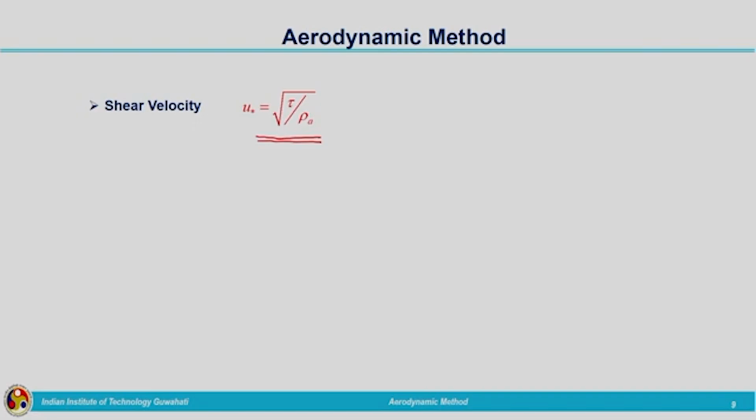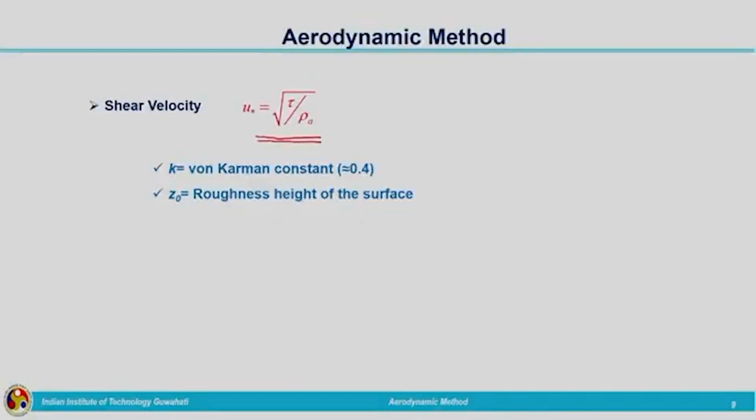Do not worry about these expressions, these are taken from the boundary layer theory, and we are applying them here for the wind velocity. k, which we used in the previous slide, is the von Karman constant, approximately 0.4, and z naught is the roughness height of the surface.